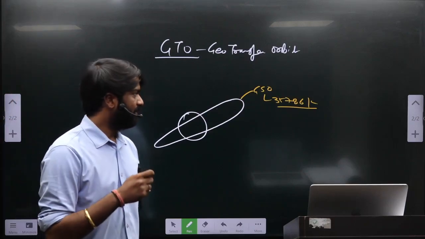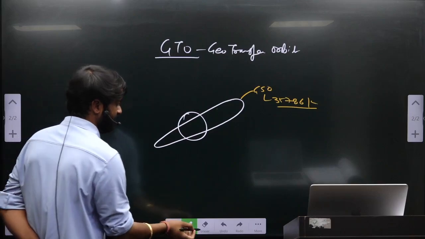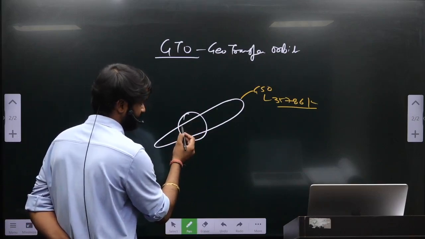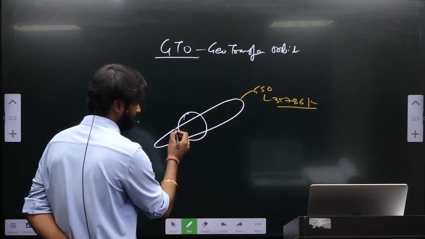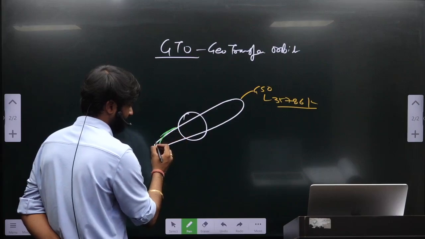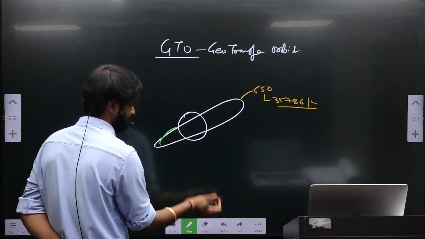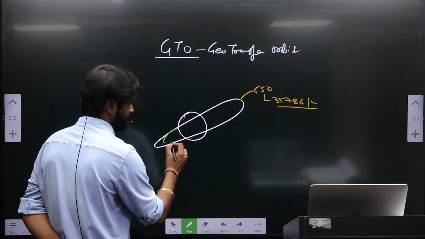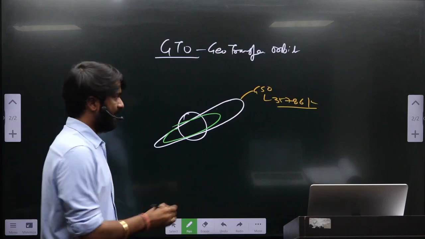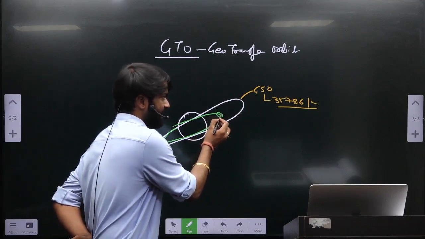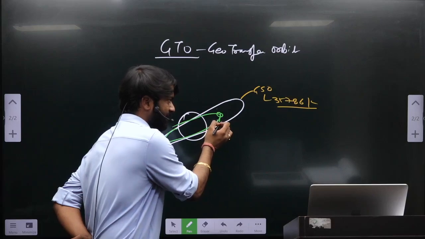Simple. What if, instead of doing this, I send my satellite to this orbit, and then whenever the satellite is here, I keep on decreasing the speed of the satellite.